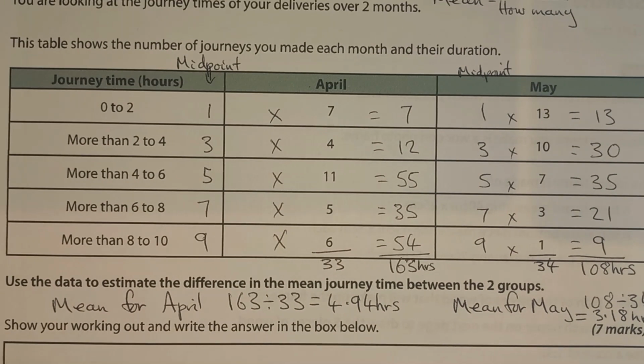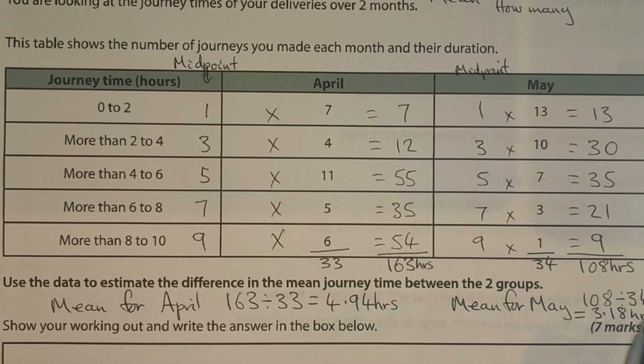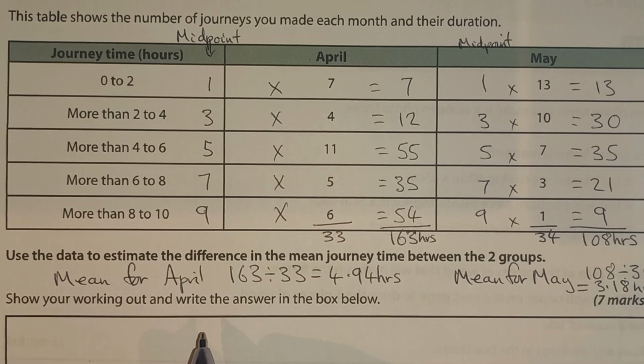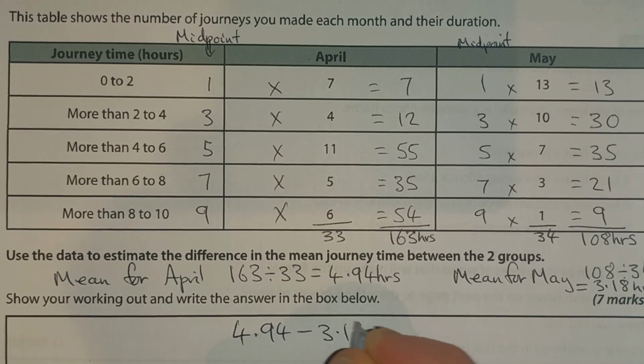Right. Now the actual question, use the data to estimate the difference in the mean journey time. Well, we've got our two mean journey times. They want the difference. So if you want the difference, you take the biggest and you subtract the smallest.